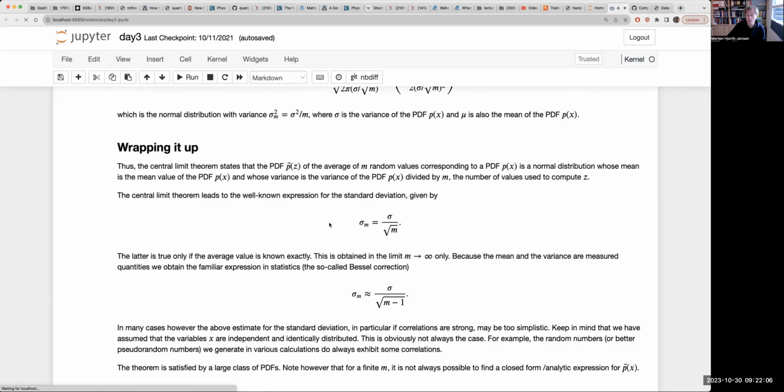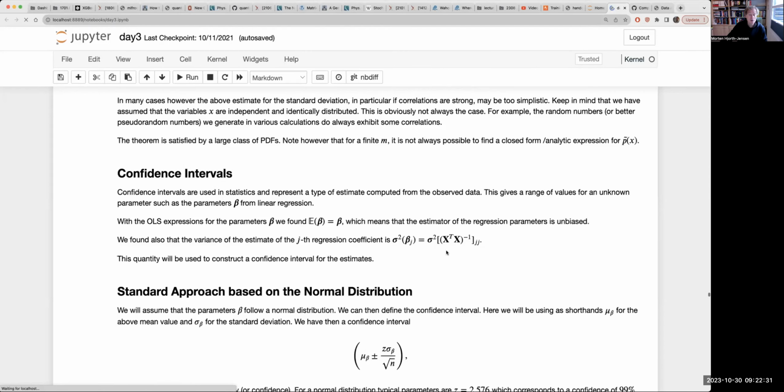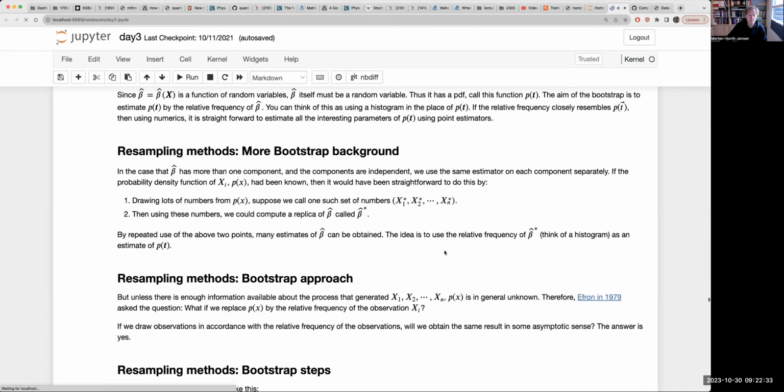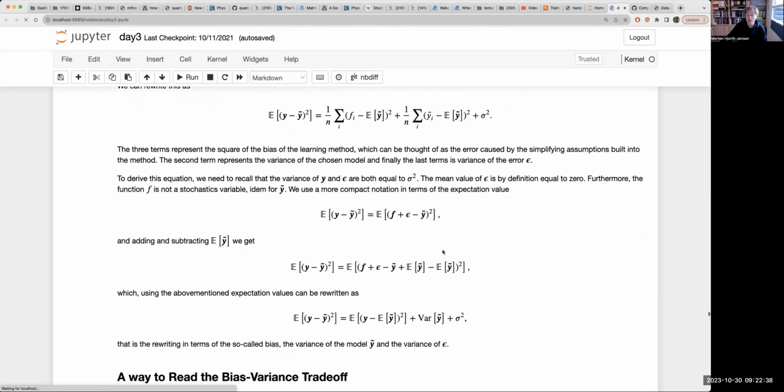That means that when we have an expectation value for the variance for one specific sample, and if we perform this many, many times, then we should get a mean squared error and variance which has a spread given by the original value divided by the square root of m. So this would be the standard deviation, and the variance is just the square of the standard deviation. We studied these quantities last time, and we are not going to repeat them here, but we are going to look at the bias variance trade-off.